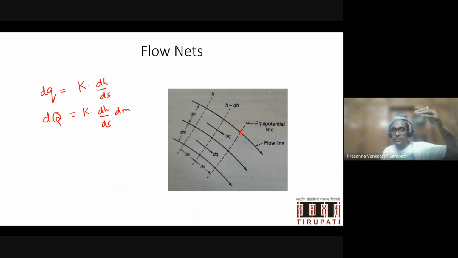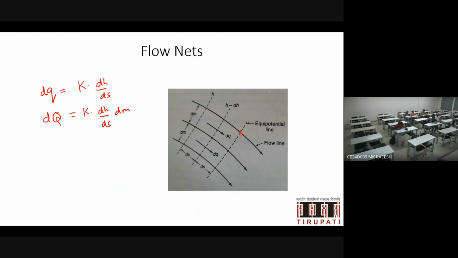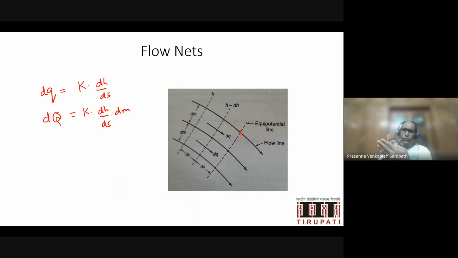If I want the total flow rate, it would be k times dh by ds multiplied by dm, the width between two flow lines, assuming unit thickness perpendicular to the screen. Everybody agrees with this? dq equal to k times dh by ds times dm.